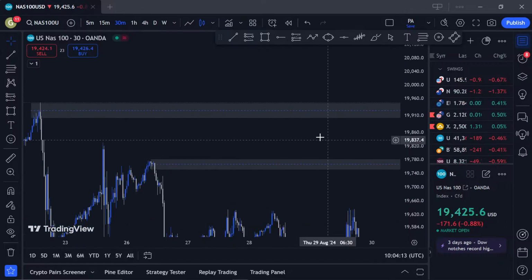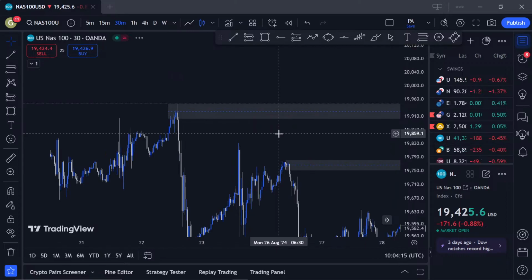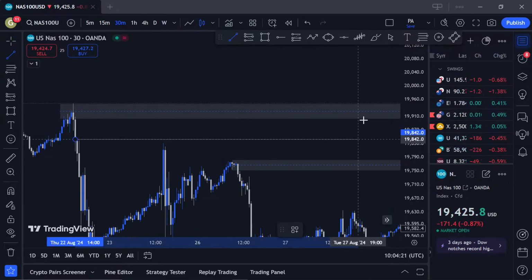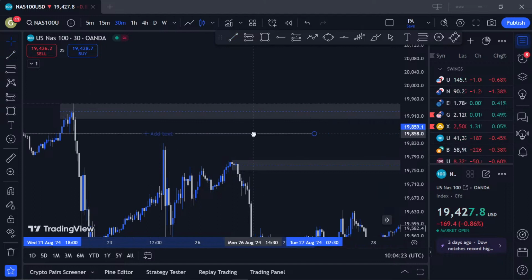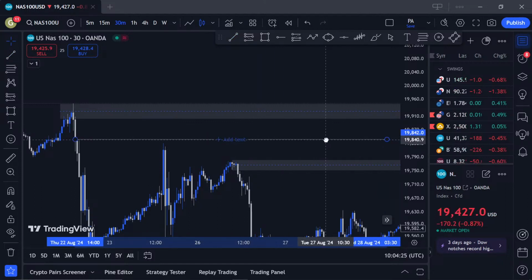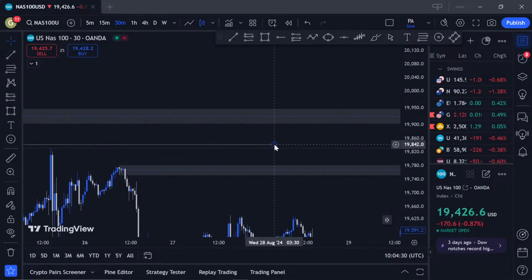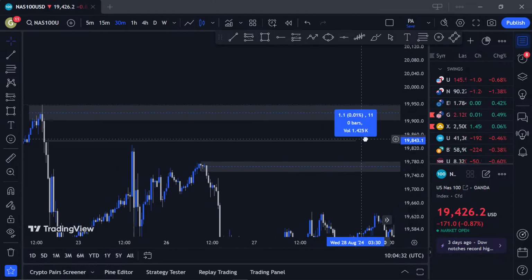Okay, so NAS 100 is also full of selling opportunities. I can identify multiple levels. For anyone that obeys my trading rules, provided the levels are not too close, I will usually take the trade from it. That is just how I do my trading.